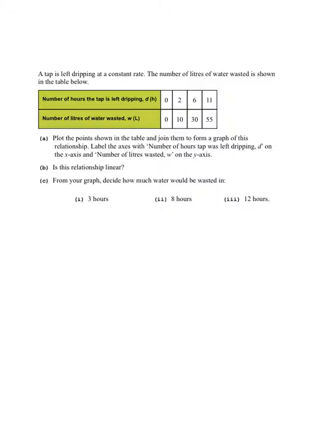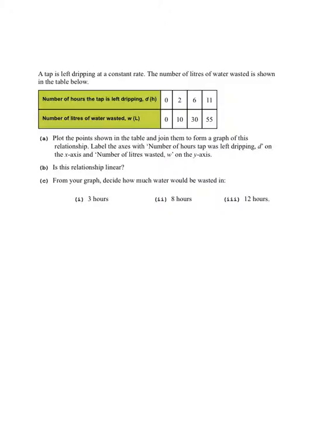And then the number of liters wasted, you need to do on the y-axis. I think I would go in fives all the way up: 5, 10, 15, 20. Remember to label it. Once you've labeled it, remember you've got to plot the points: 0 and 0, 2 and 10, 6 and 30, 11 and 55.